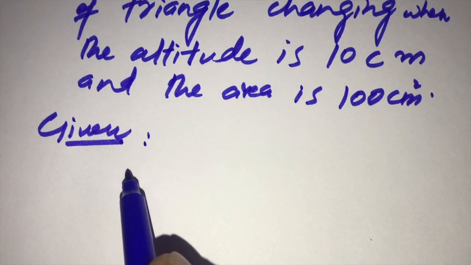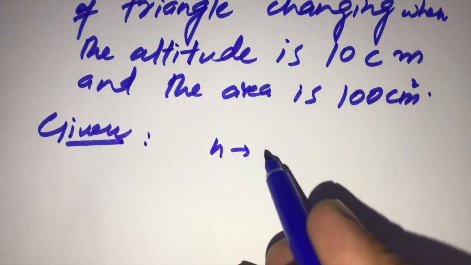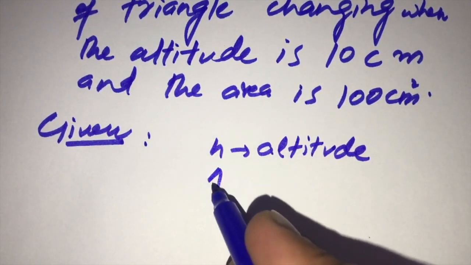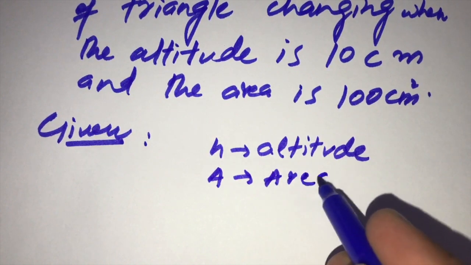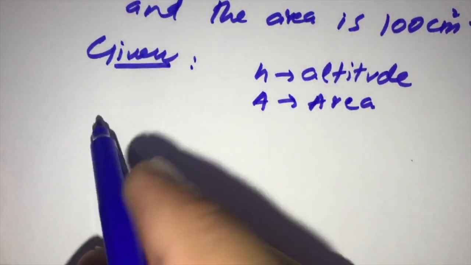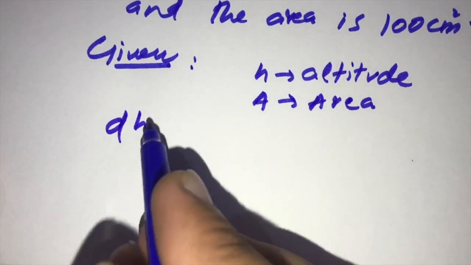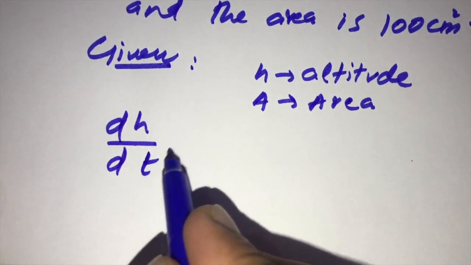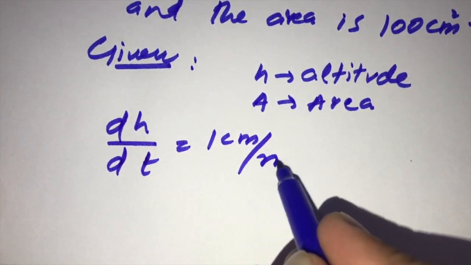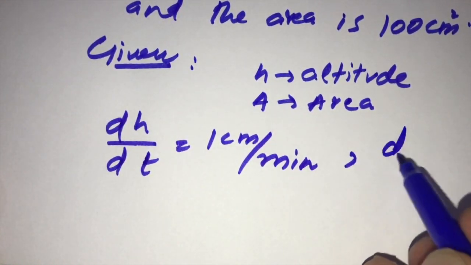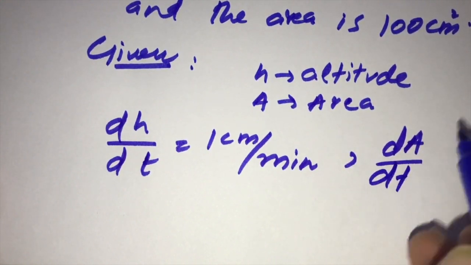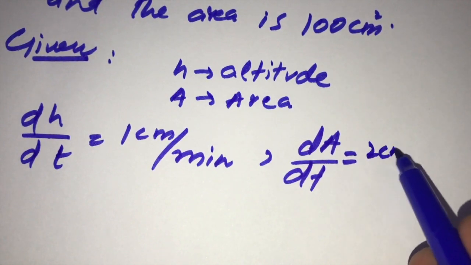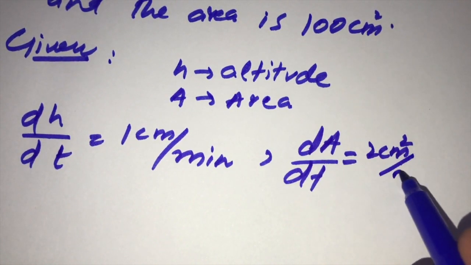We represent altitude by h and area by A. So the rate of change of altitude, dH by dt, is equal to 1 centimeter per minute, and dA by dt is equal to 2 centimeter square per minute.